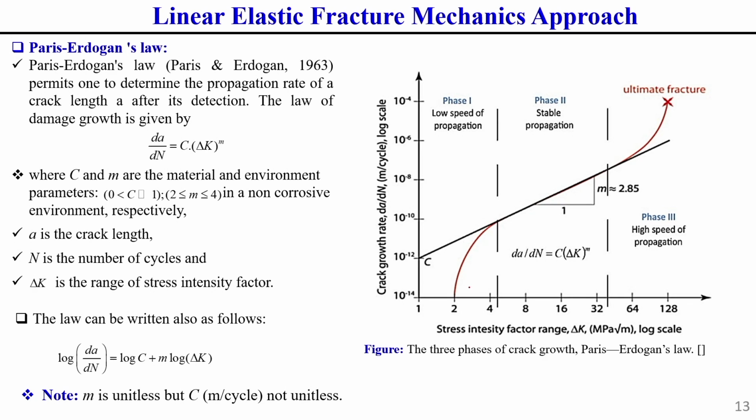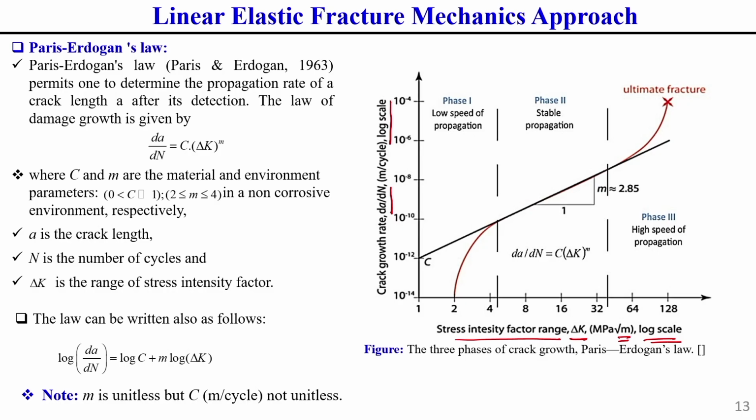Crack initiation, propagation and fracture we can represent on a log scale. The y axis represents dA by dN and the abscissa represents the stress intensity factor range delta K, whose unit is MPa square root of meter. This is also in log scale, which I am showing here.